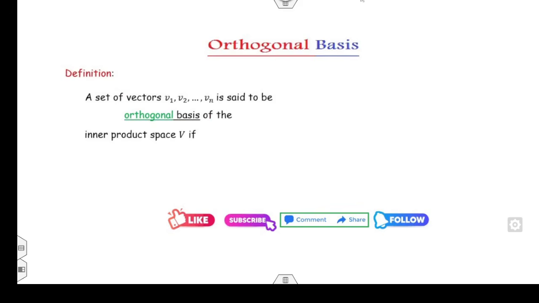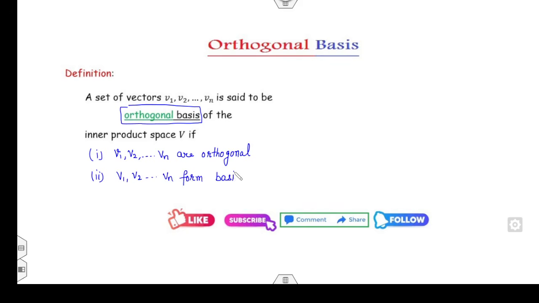Now, based on the orthonormal and orthogonal sets, we can define the concept of the orthogonal basis. A set of vectors is said to be an orthogonal basis if, number one, you first prove that the set v1, v2, ..., vn is orthogonal, and second, the vectors v1, v2, ..., vn form a basis.